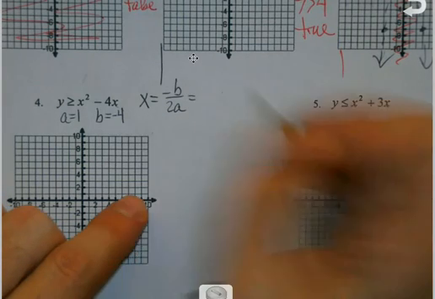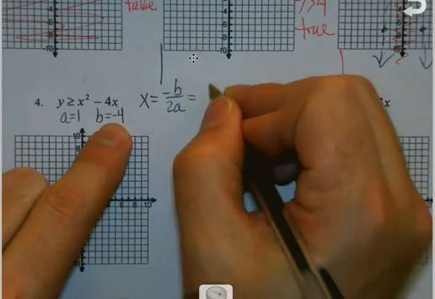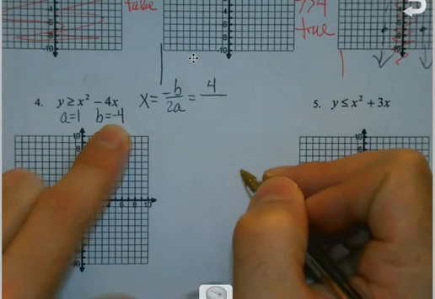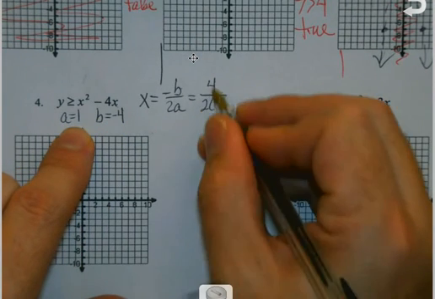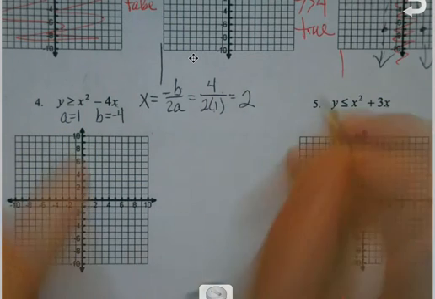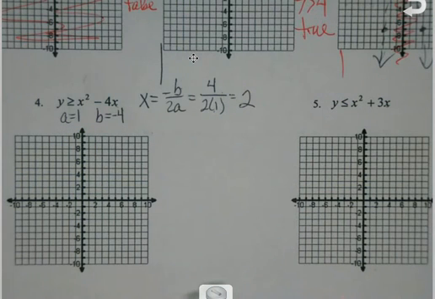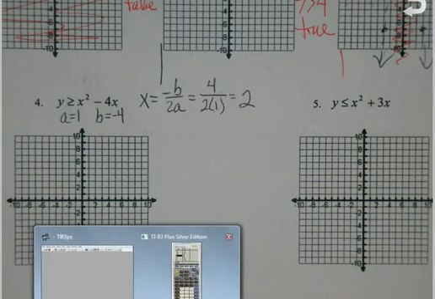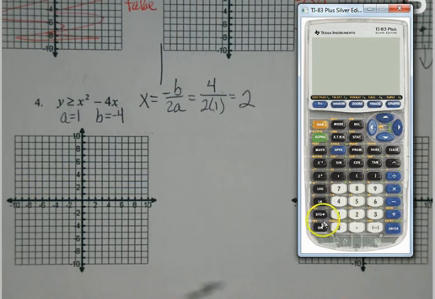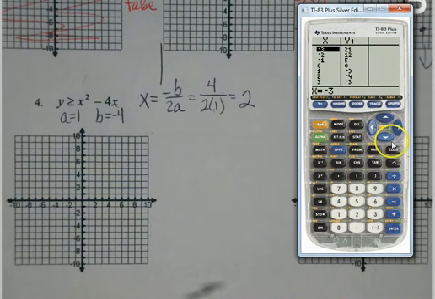So let's see here. Opposite of b, opposite of negative 4 is 4, over 2a. 4 divided by 2 is 2. You're like, okay, that told me an x value, so what? Well, I could take that 2 and plug it back in for the x's to figure out y, but I'm not feeling that assertive right now. So what I'm going to do instead is type it in the calculator, and I'm going to go to my table, and I'm going to get the x value of 2 in the middle of my chart.